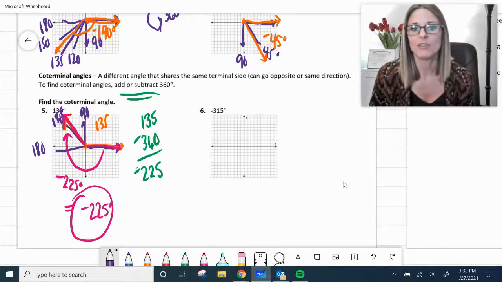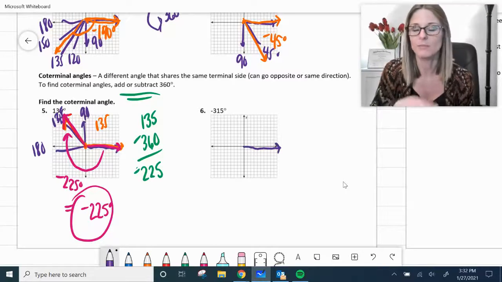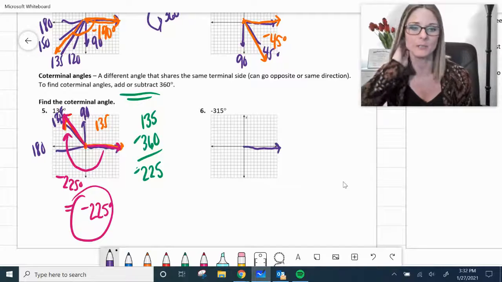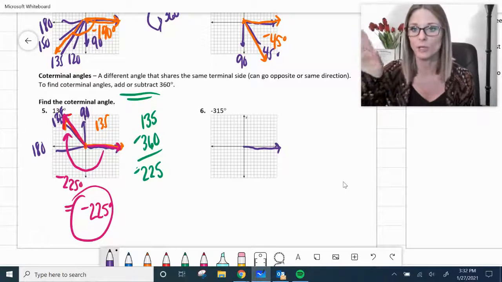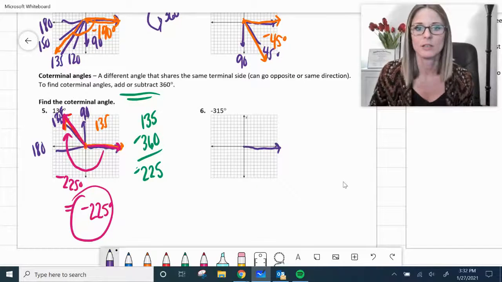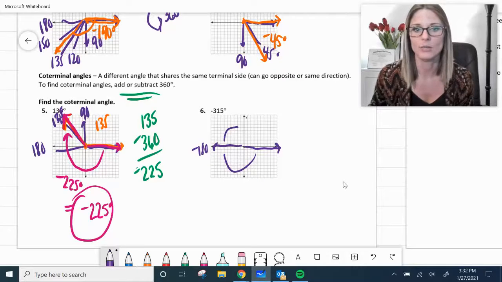Number 6, negative 315 degrees. So let me start at my positive x-axis for our standard position. Negative, so we're going to go down and around. Well, I know I'm going to need more than negative 180 if I go down this way. And if I keep going, that's going to be another 90, which is 270. Got to keep going.